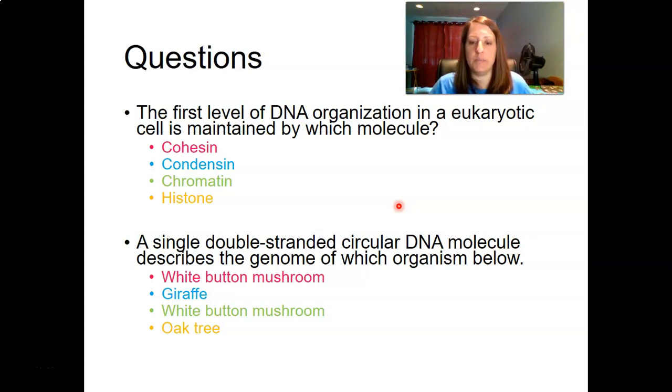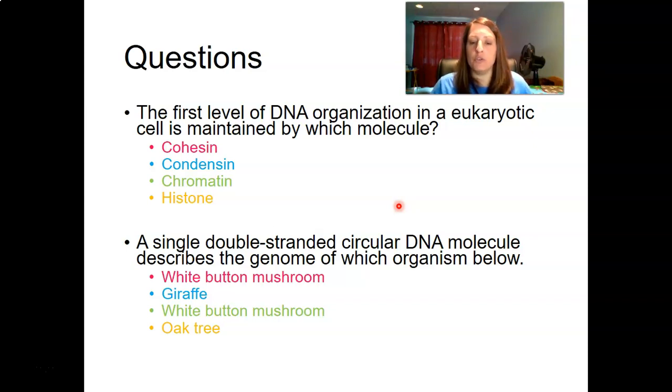Does that describe E. coli? Or does it describe the genome of a giraffe? Or the genome of the white button mushroom? Or the genome of the oak tree? If you're confused here, let me help you. That first one would be E. coli. That would be a prokaryote. A giraffe would be an animal, which is a eukaryote.